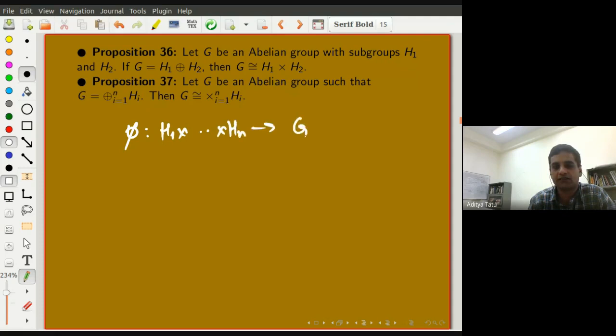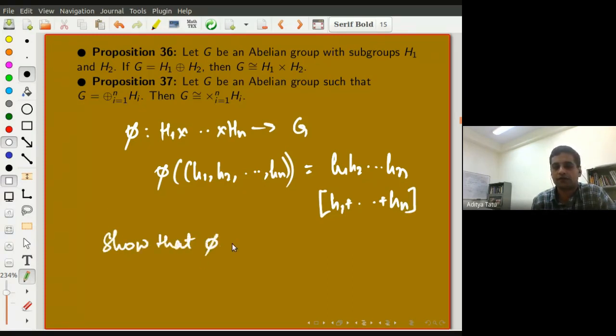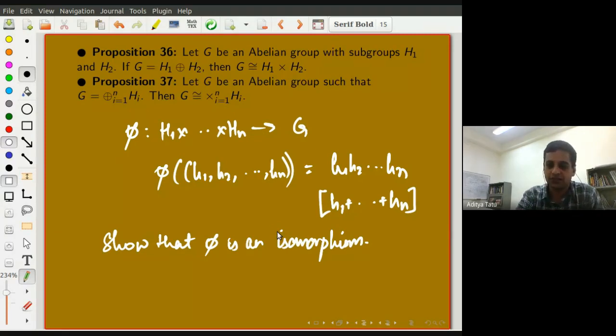We define phi(h1, h2, ..., hn) equal to h1 h2 ... hn, or h1 + h2 + ... + hn if we're using the plus notation, and show that phi is an isomorphism. I don't think there's much there.